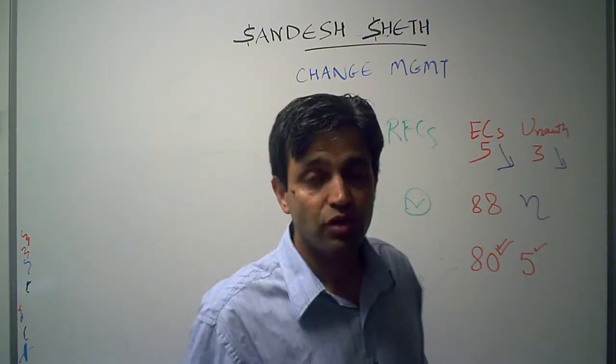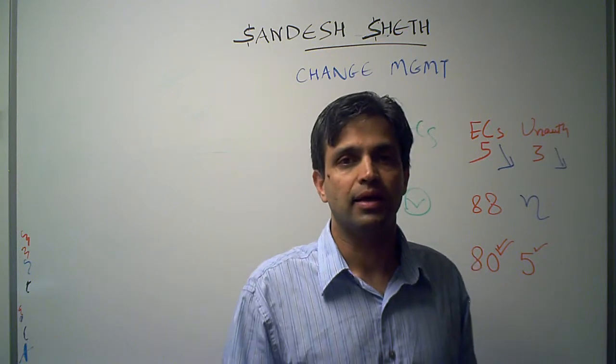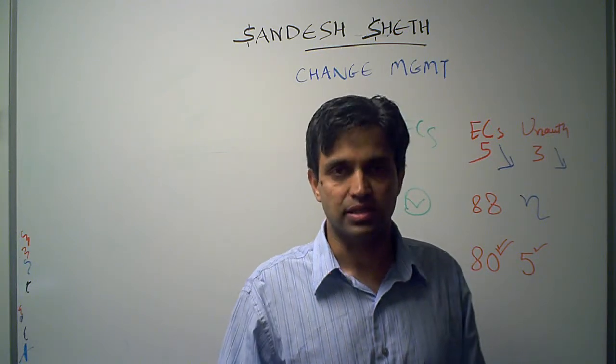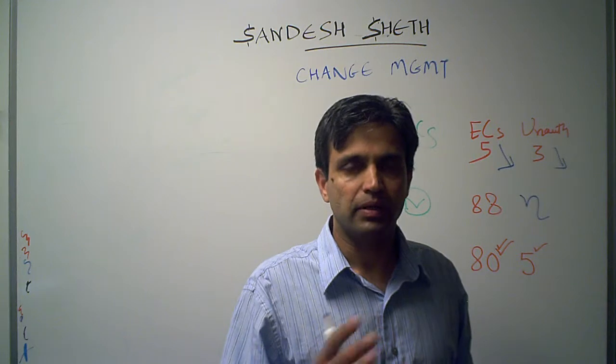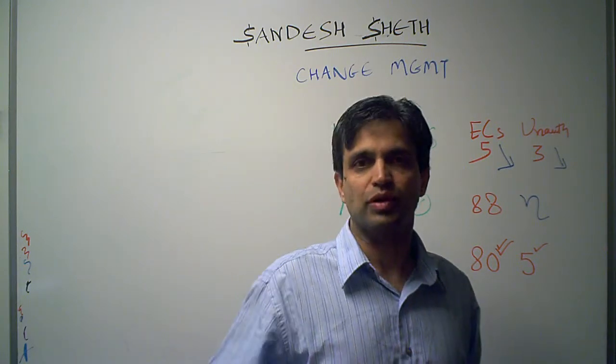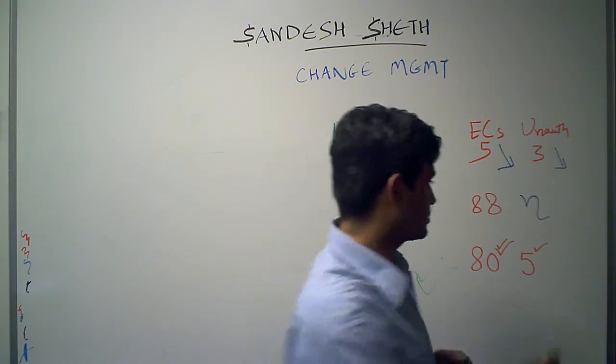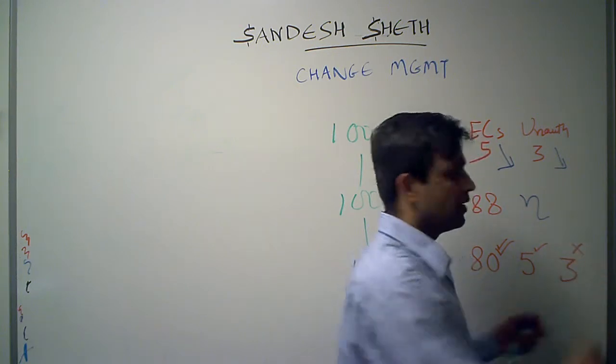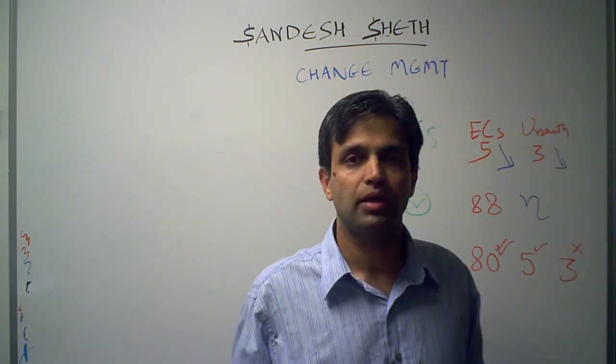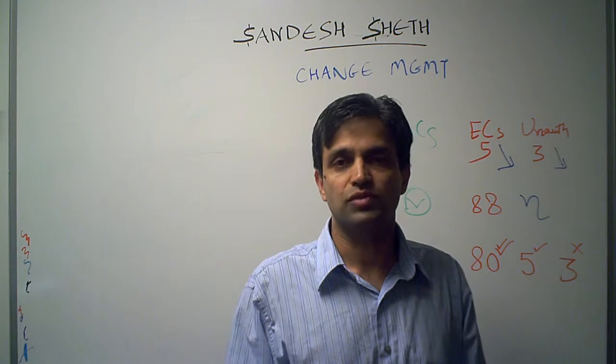Five were successful but resulted in causing incidents. But in this case, we did not have to roll back because we could manage the incidents. And then there were 3 that were not successful at all.